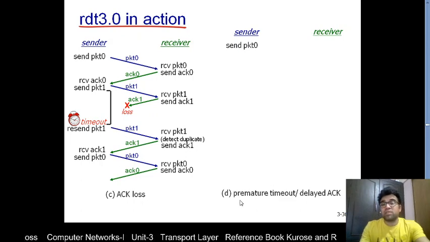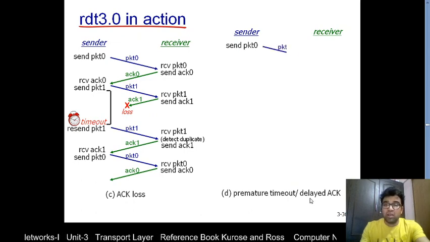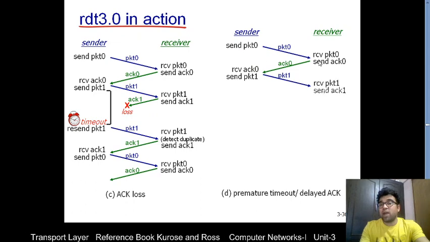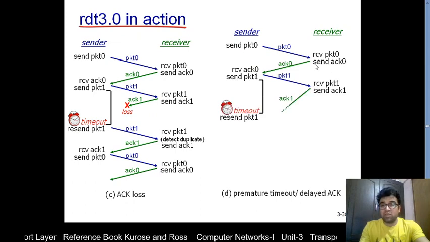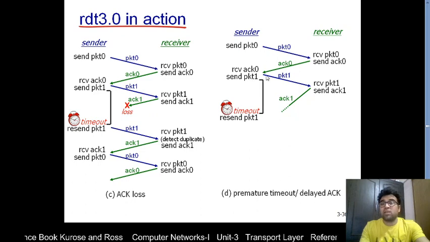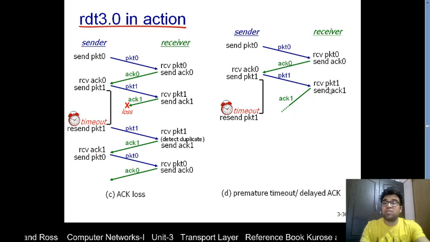Now the fourth case is premature timeout or delayed acknowledgement. We'll see what it is. The sending side sends a packet to the receiving side. It sends back the acknowledgement of that packet. Now the sending side sends the next packet to the receiving side.